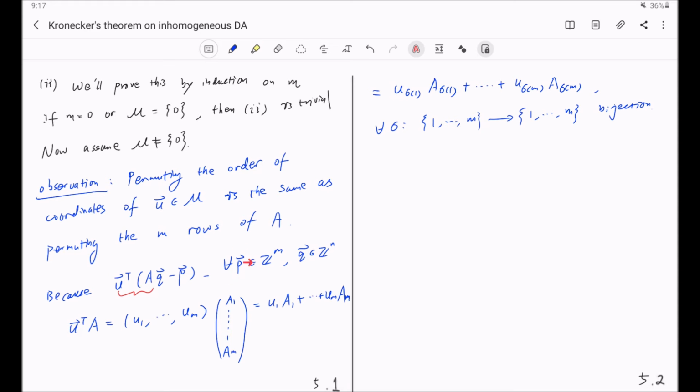We can always permute the components of p as well, which are all integers, and we will have an arbitrary choice for that. So that won't change the outcome of statement number 2. So the subtlety mainly lies here: permuting the components of u is the same as permuting the rows of A.